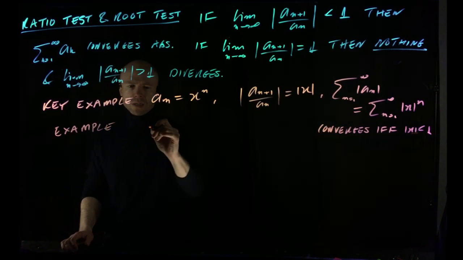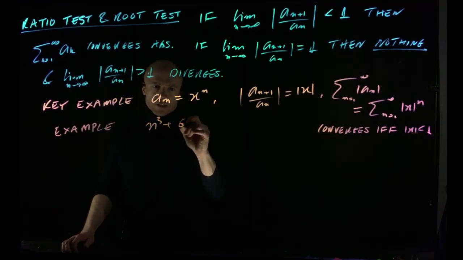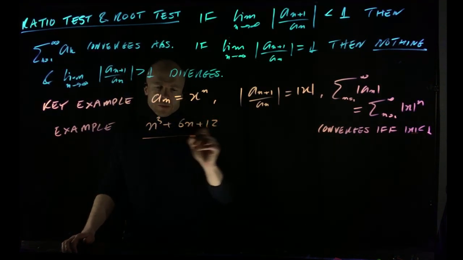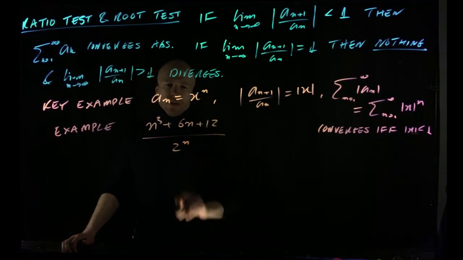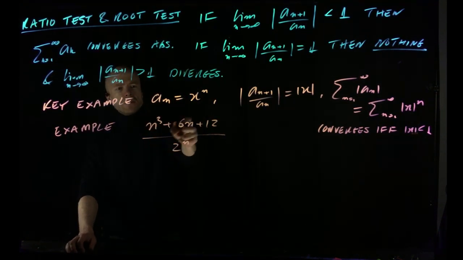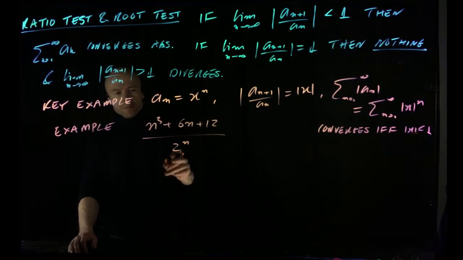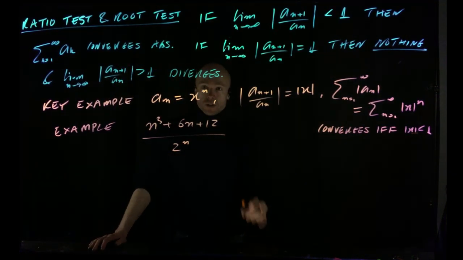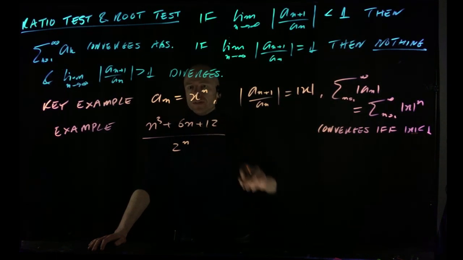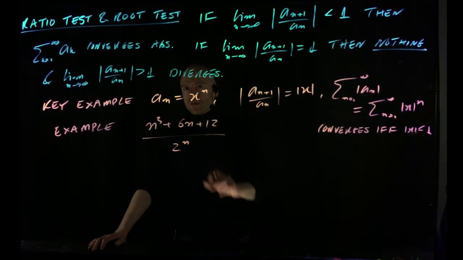So for example, if you have something like n to the 3 plus 6n plus 12, over 2 to the n, you might think that this n to the 3 plus 6n plus 12 is going to mess things up and prevent it from converging. But no, because 2 to the x is an exponential function, just applied to the integers, which will kill every other polynomial.